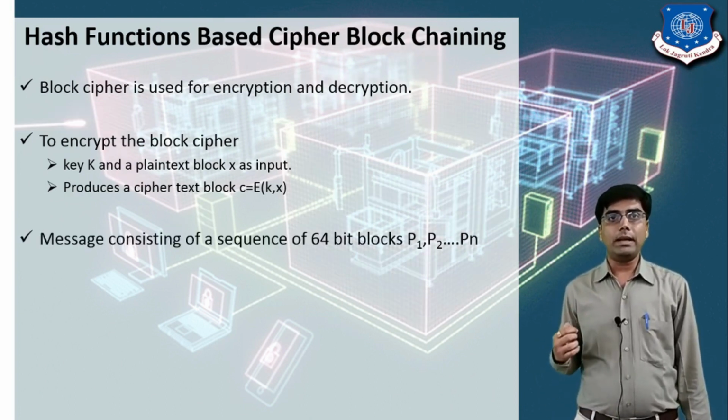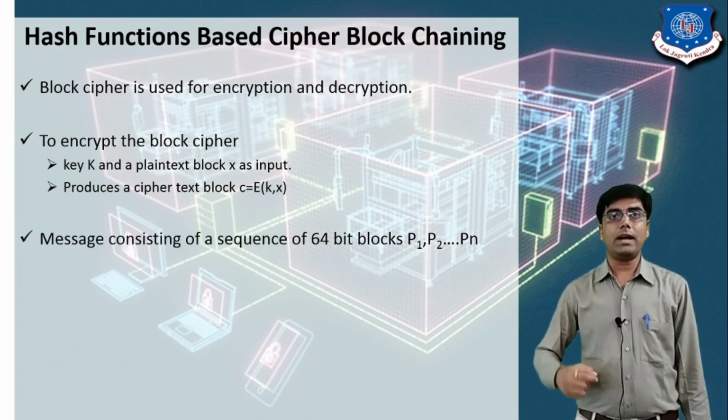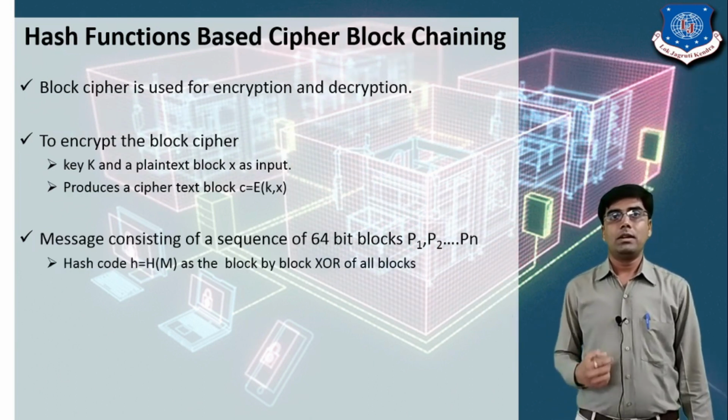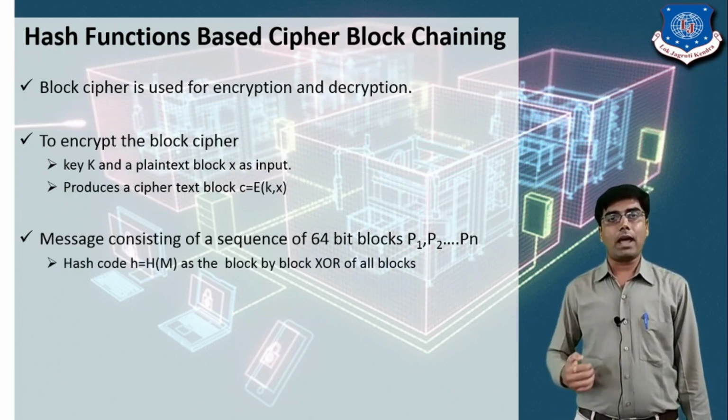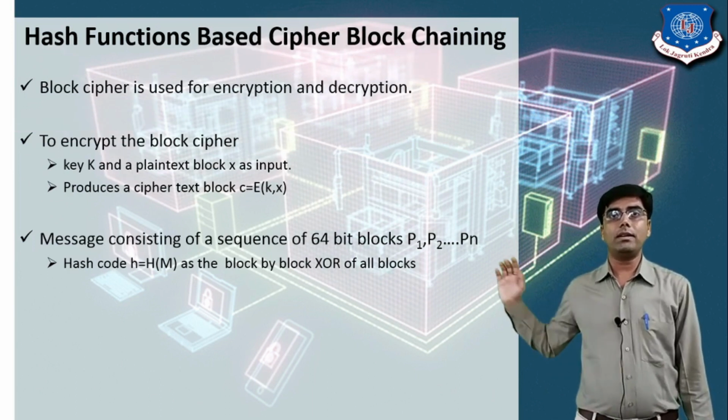Then second, in your message, the block size is 64 bits. It means that in one block we consider a size of 64 bits, right? Then we apply the hash function, and after applying it, it generates a hash code.